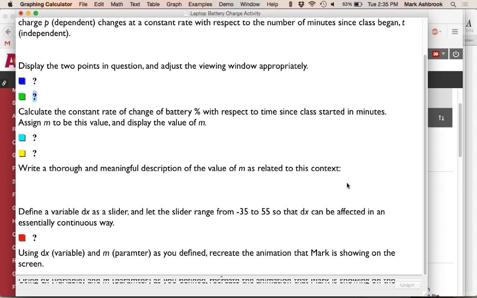How do you define a variable? If you just type in the one, then we have that section set up. Oh, you need to tell GC what you want to know. We'll find the slope.